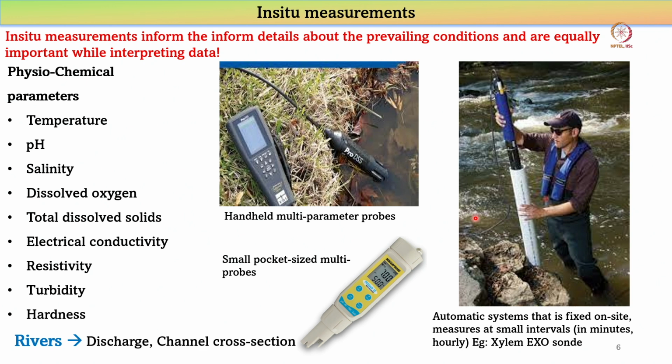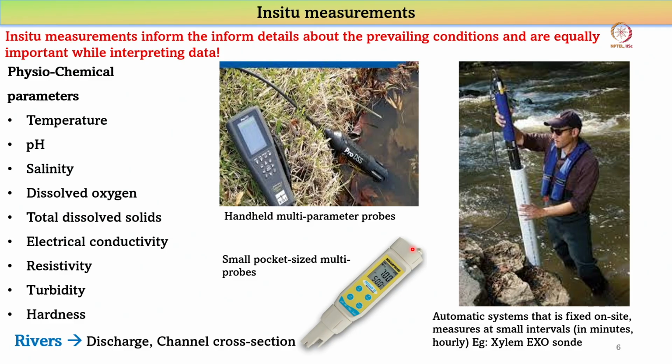So we are going to use different kinds of sensors. Sometimes these sensors are packed into one probe, so it's called a multi-parameter probe. This is a different kind, called a pen probe. You basically have to collect water in a separate container and then dip it.